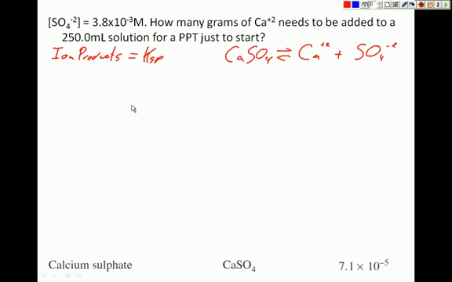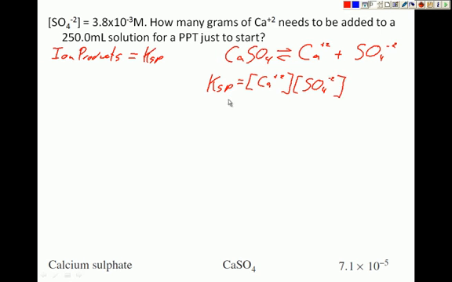And the first step that we're going to do is calculate the concentration of calcium in the solution here. So the first thing we should do is, we know that KSP from our table is equal to this number down here, and KSP, if we made a formula, is going to equal the concentration of Ca plus 2 times the concentration of SO4 minus 2.